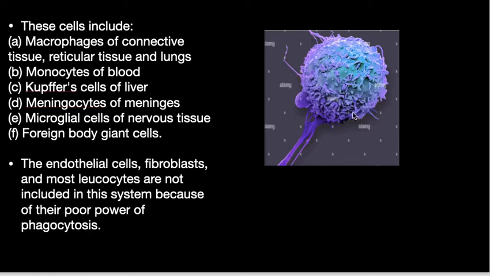These cells include the macrophage of connective tissue, reticular tissue, and the lungs, the monocyte of the blood, Kupffer cells of liver, meningocytes of meninges, microglial cells of nervous tissue, foreign body giant cells. The endothelial cells, fibroblasts, and most leukocytes are not included in this system because of their low power of phagocytosis.